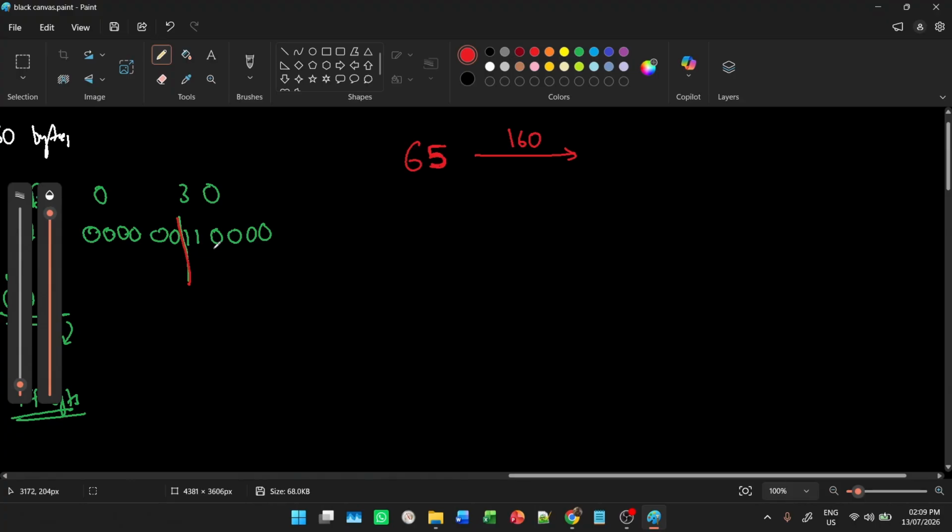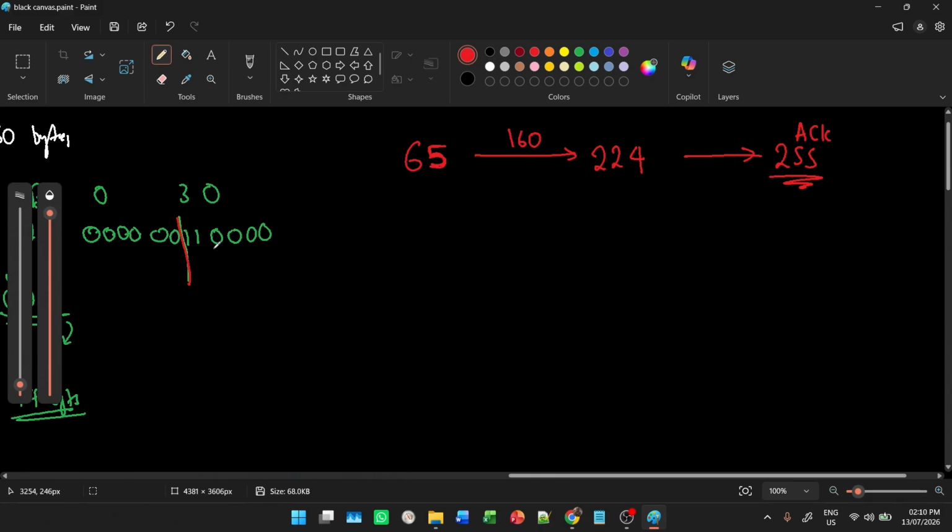If you add 160 here, it gives 225, meaning 224, because 65 is also one of the 160, right? So it will send up to 224 and then send the acknowledgement saying I am expecting the 225th byte from you, right? So we do not care about the header size here, we only care about the payload size. When it comes to sequence numbers, we only care about the data.